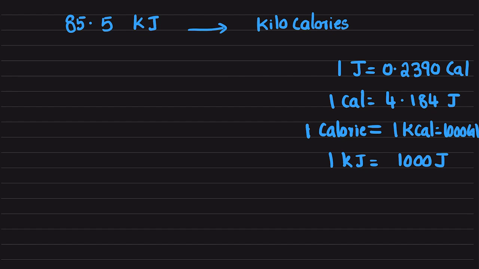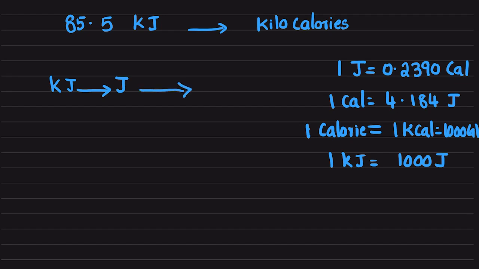Now look at the relation. Kilojoule, we need to convert it into kilocalories. So what we have to do? First, we need to convert kilojoule to joule. Joule and calories are related.